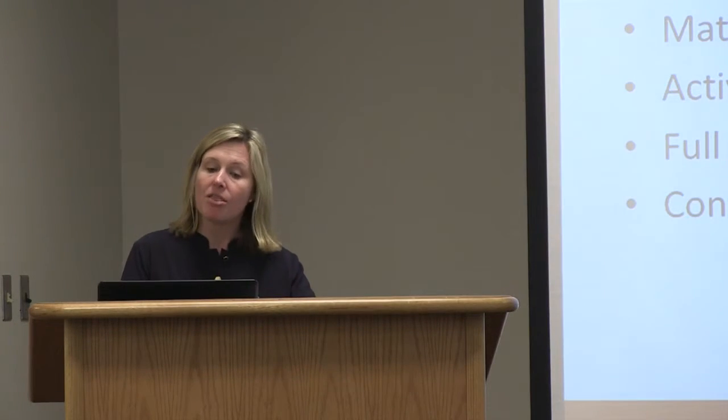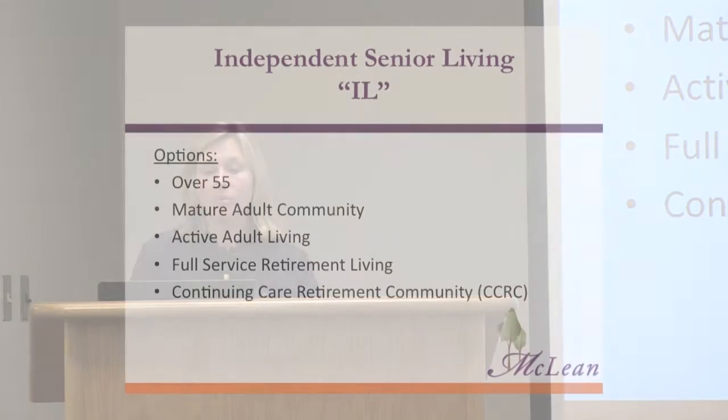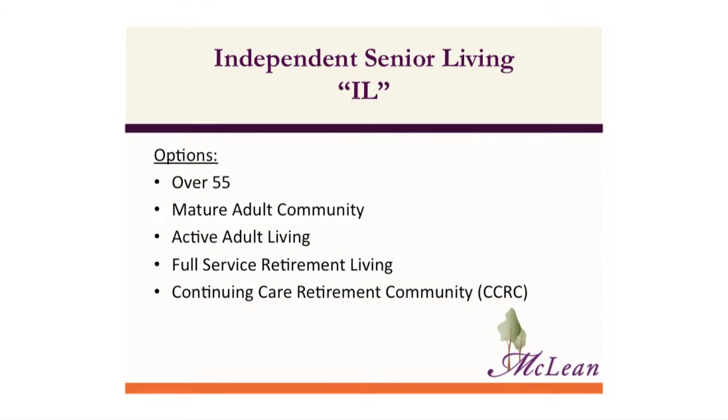But they are definitely looking ahead. Their options will include things like an over 55 community, which could also be called a mature adult community, or an active adult living community. You'll also hear the term full service retirement living or a continuing care retirement community.